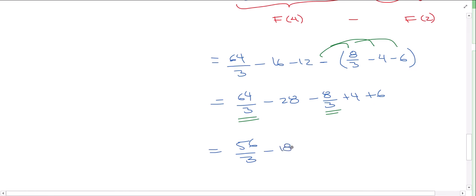And so here, if you want to get a common denominator, we certainly can, and then get a final answer. So common denominator is 3. So what is this? 56 thirds minus 54 thirds, which will give us 2 thirds. So that will be the displacement. 2 thirds what?